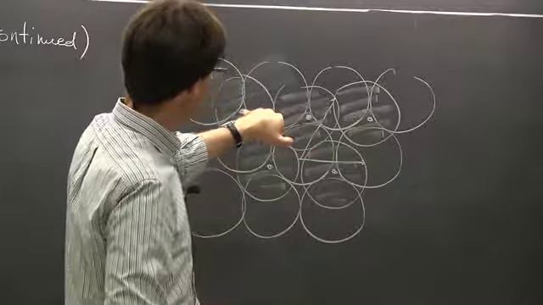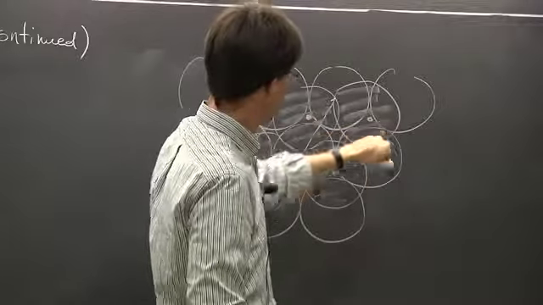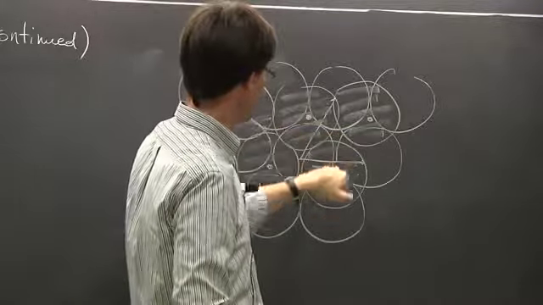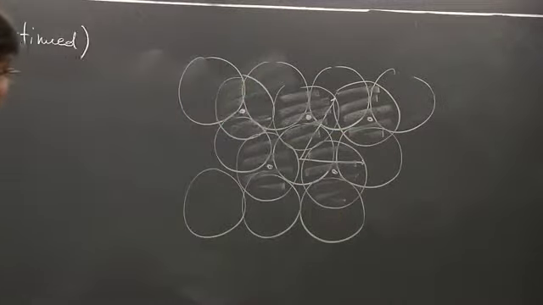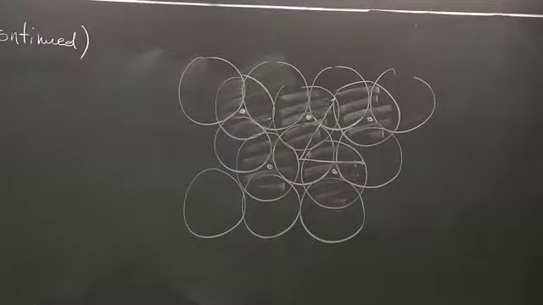So I can either place the second layer of balls where the triangles point up, or I can place them in all places where the triangles point down. So I have two possible ways to construct the second layer of balls, either on top of the up triangles or on top of the down triangles.